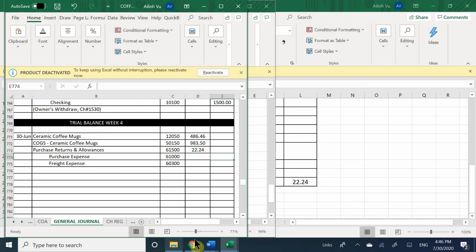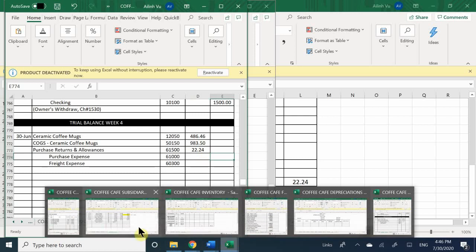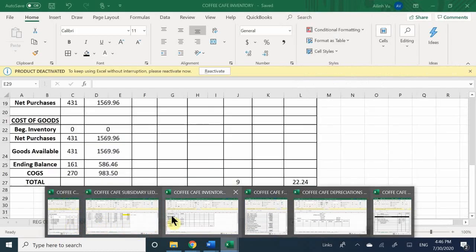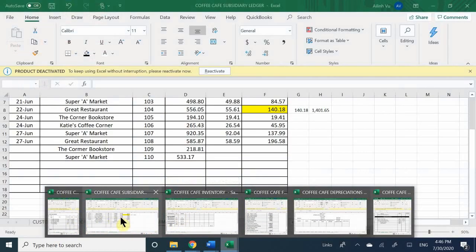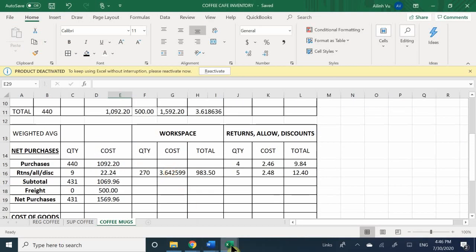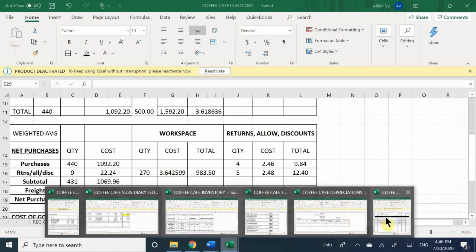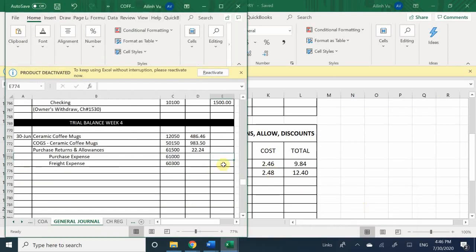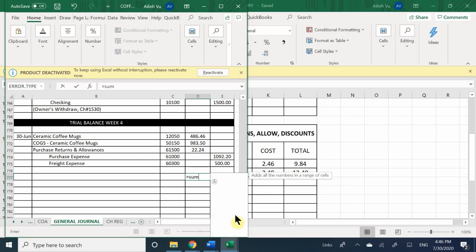How much was my total purchases? $1,092.20. Yes, good. Freight expense is 500. All right. I'm going to sum this and it should equal out. If it doesn't, then we did our calculations wrong.